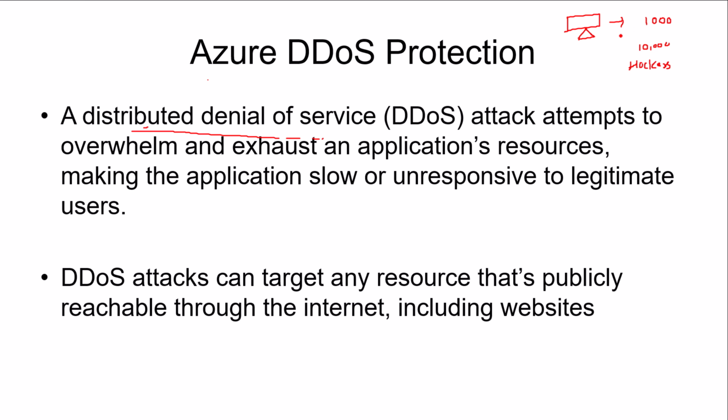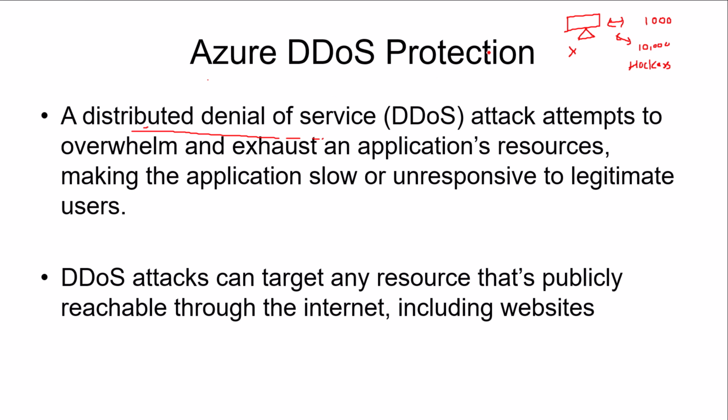Let's say 1,000 requests are going to this website. Eventually, what is going to happen? Our website will go into the failure state. That is, it will not work as it was meant to. These types of attacks are called distributed denial of service, the DDoS attacks.